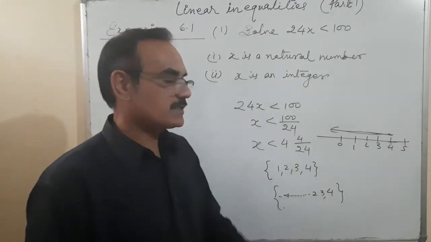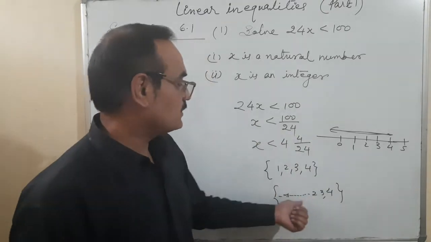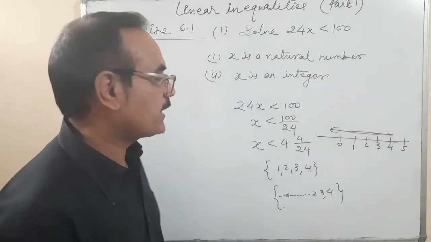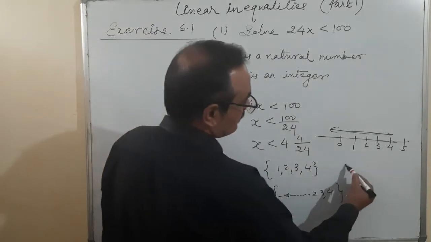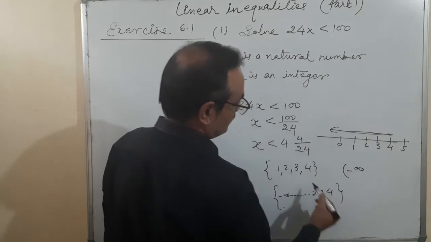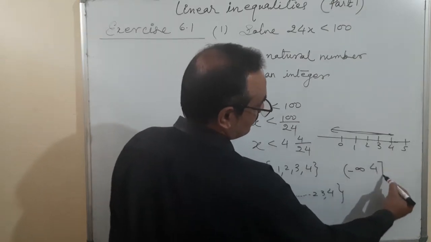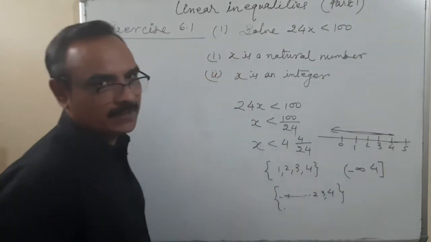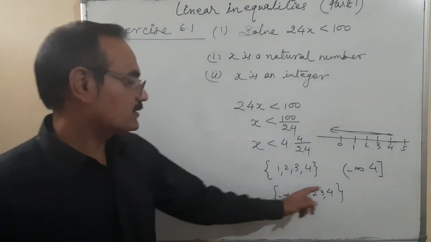So this is the set of integers. Or in interval form, minus infinite to 4, with 4 included. Infinite will never be included. So this is the set.